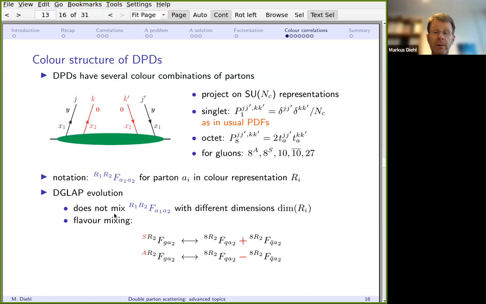There is an interesting pattern of flavor mixing for the octets. You can have the symmetric gluon octet. That couples to the sum of quark and antiquark distributions, because you can have two gluons going into a quark-antiquark pair. And that's the kind of coupling you know from the color singlet.